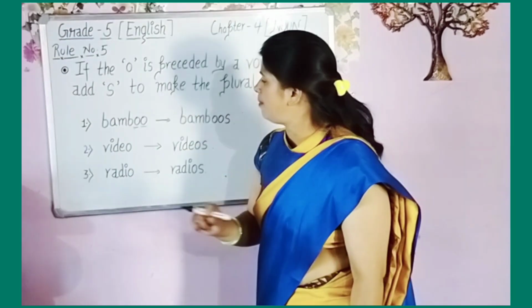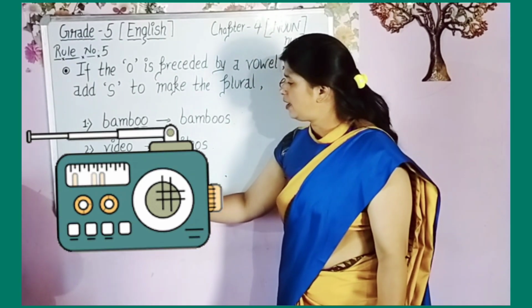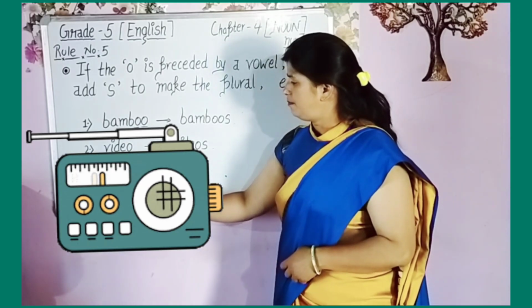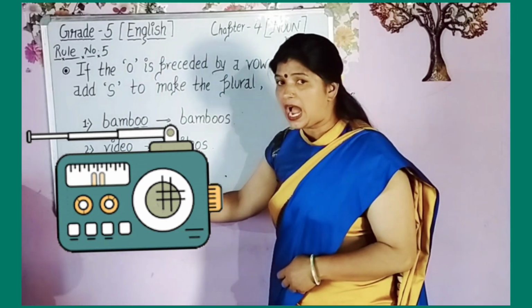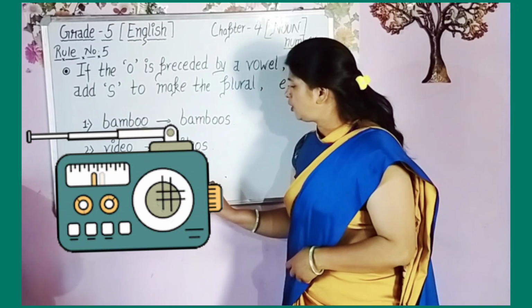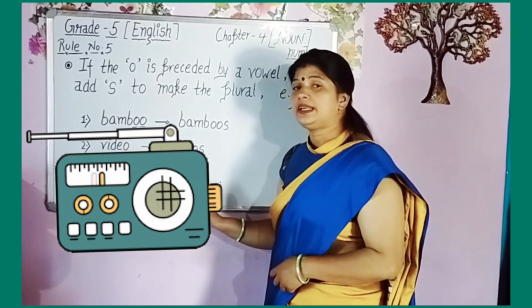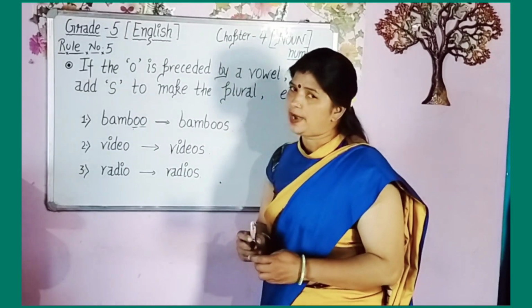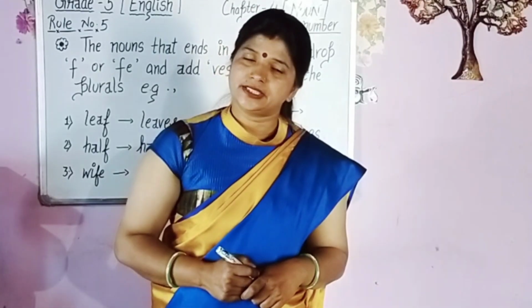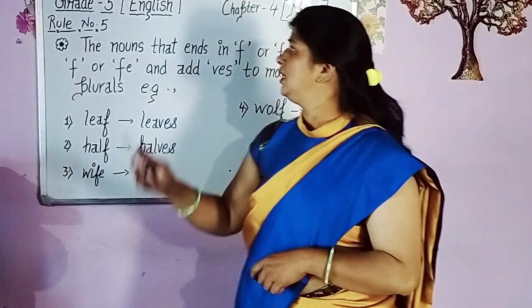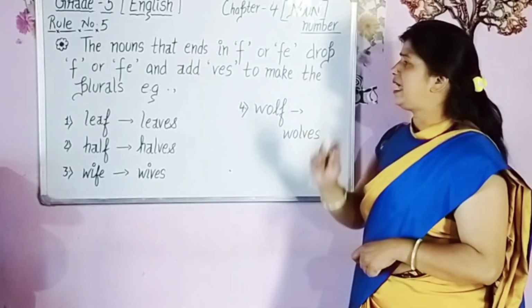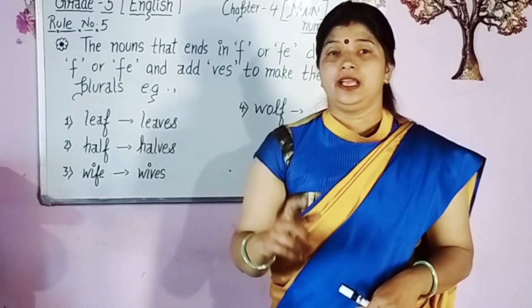Now the third one is radio. Here also you can see that O is coming at the last, and before O what is coming, I. So here also we will add s only to make it plural, R-A-D-I-O-S, radios.